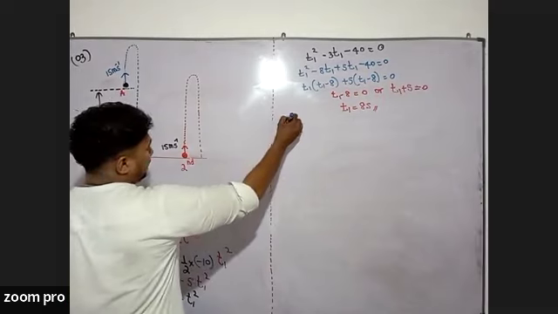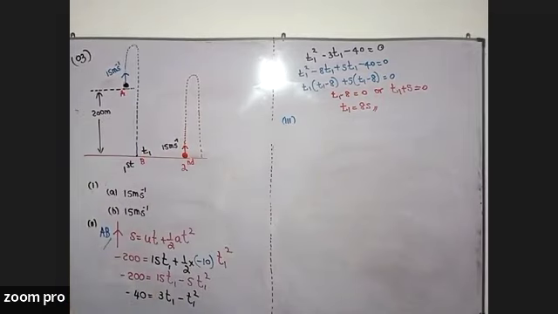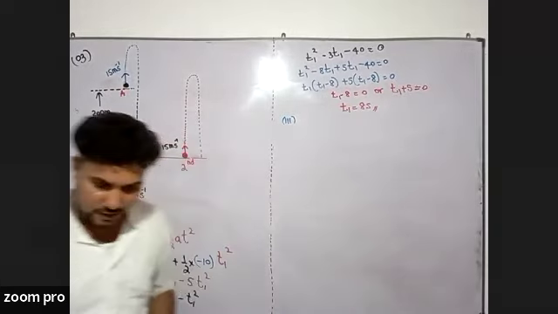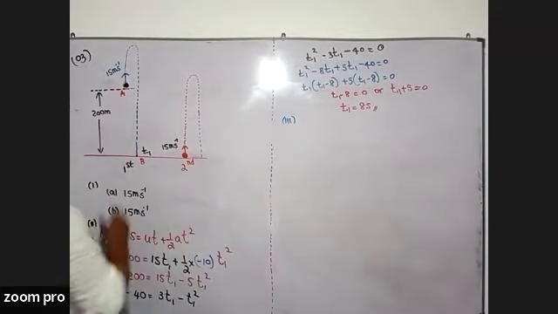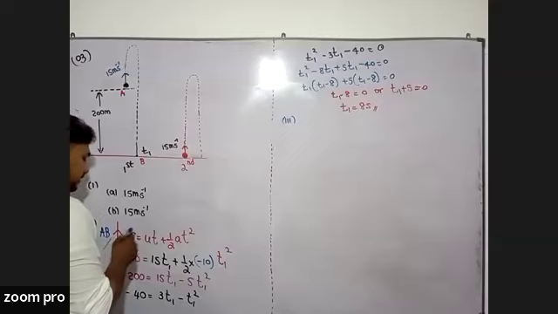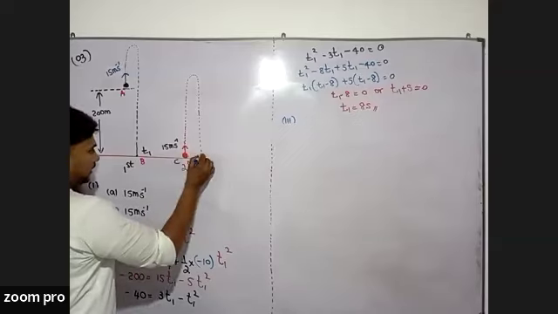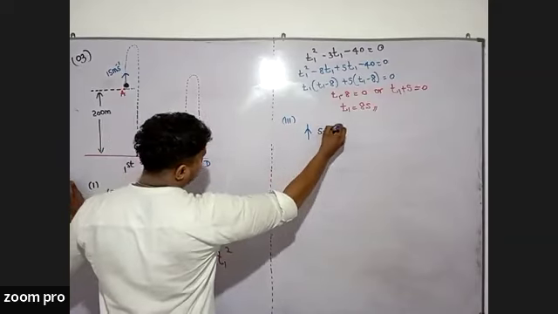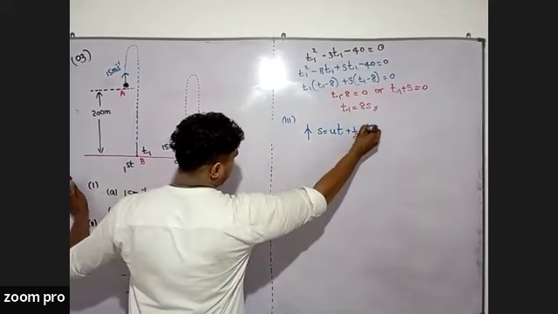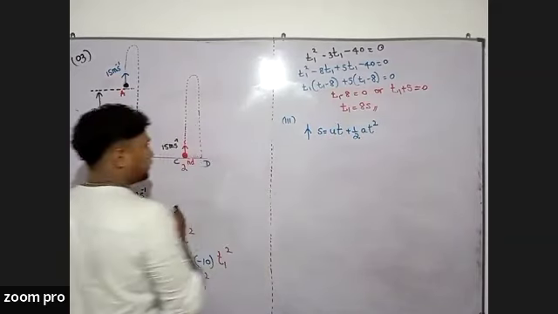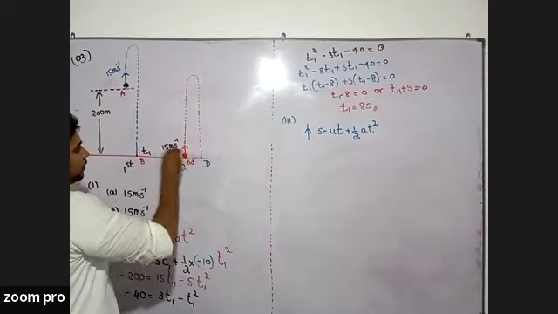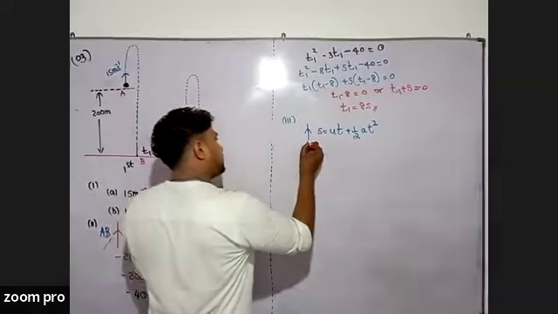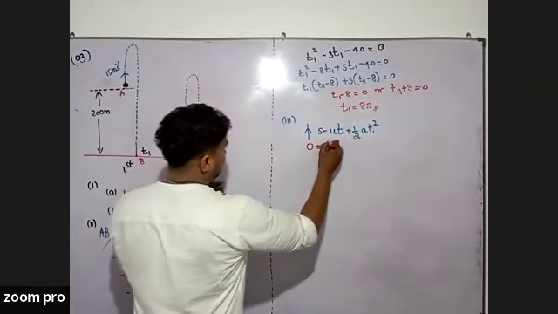Third one, what is the time taken by the second object to reach the ground? So now let's consider the motion of the second object. It is initiated from C and returns to the same position. Right. So let's apply the equation in the vertical upward direction for the second object. If the object returns to the same initial position, the displacement should be equal to 0. U is 15.